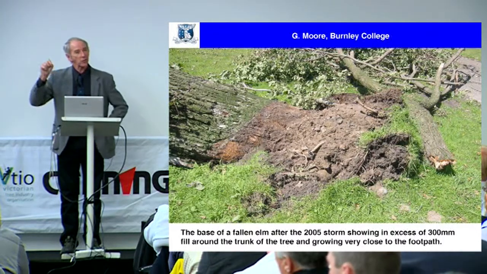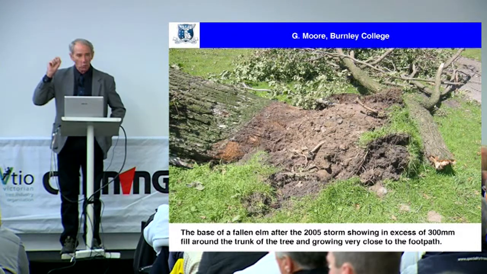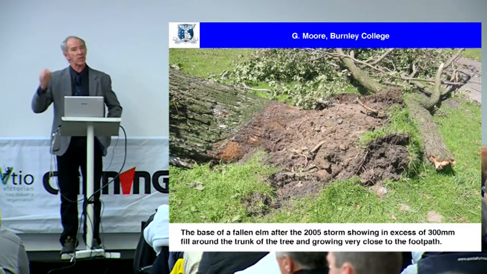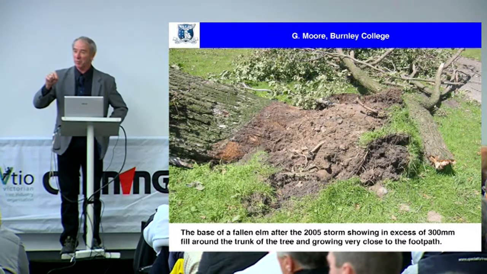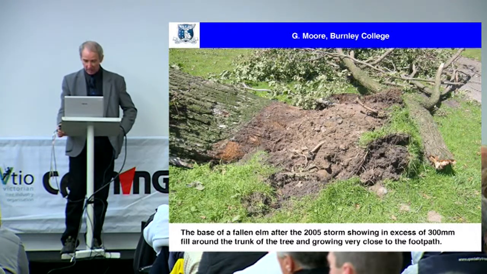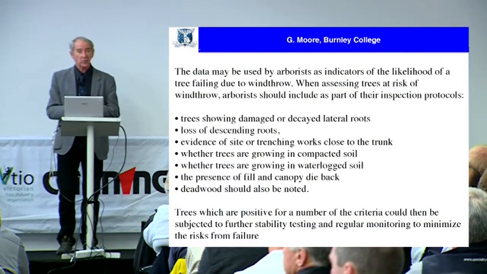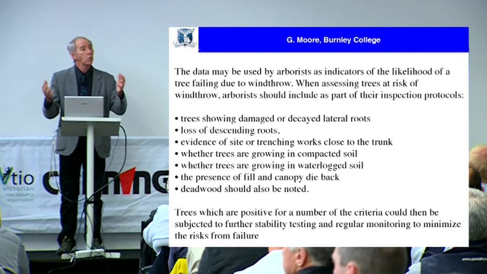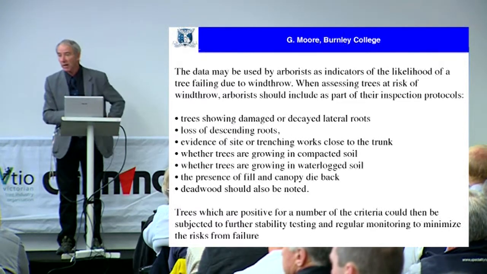And the more boxes you tick, what does that do? It puts you on alert. That's all it does. It doesn't mean the tree is going to fall. It means that you have a higher management responsibility and you need to keep your wits about you. So what we're trying to do here is to say to you, these are the things that you should be looking for in your evaluations.